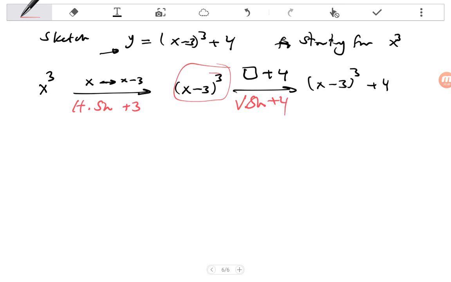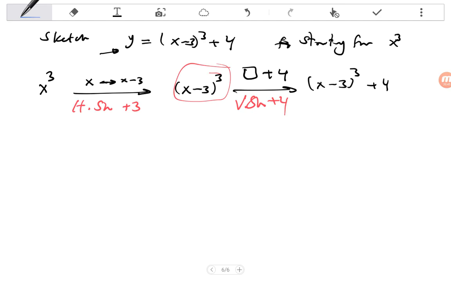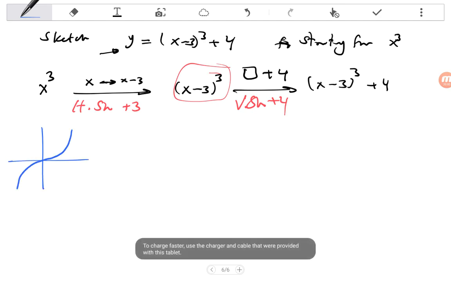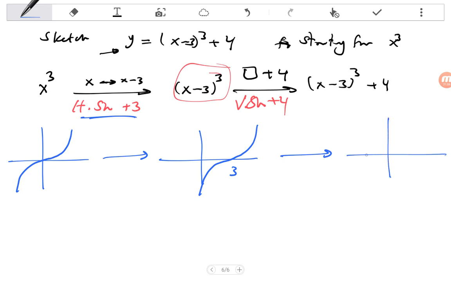Plus 4. So let's depict that graphically. That is x cubed. The next step is to shift plus 3, so it will be like this. Another step is a vertical shift plus 4, which means taking it upwards 4 steps. So that will be something like this.